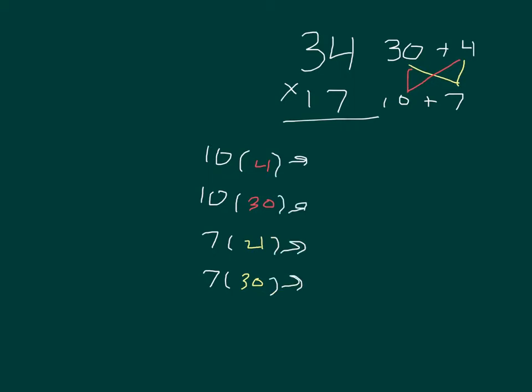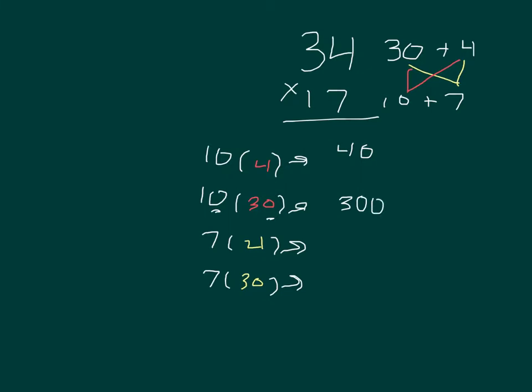Now I'm ready to multiply. When I look at 10 times 4, I know that's 40. When I think of 10 times 30, I can use what I know about my smaller math facts. So I know that 1 times 3 is 3, and I'm noticing I have 2 zeros here, so this becomes 300.